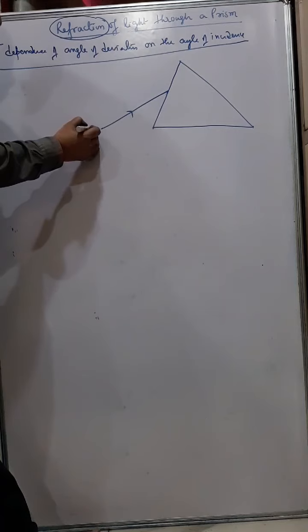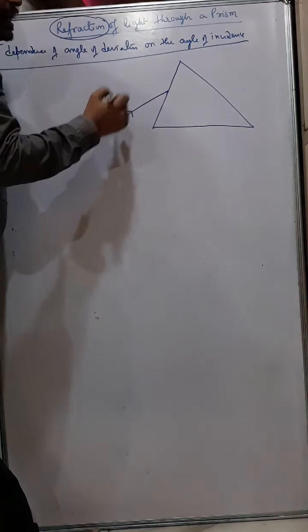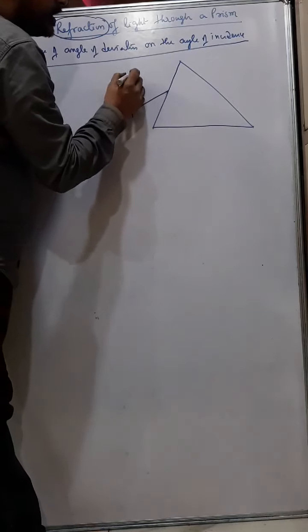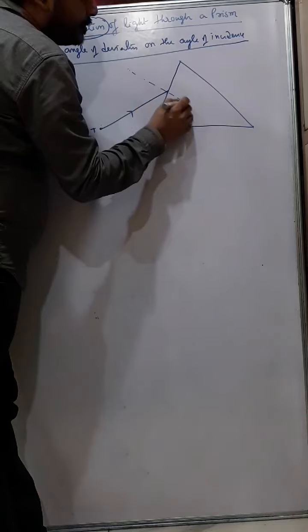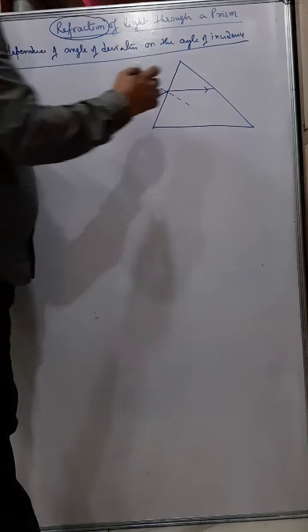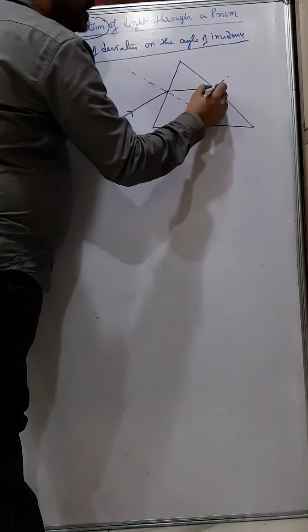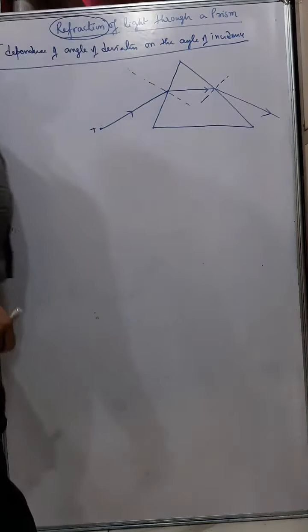So here is the torch at point T, and this is the light, and as usual, if you remember, it will bend like this towards the normal, and here also when it comes out it will go away from normal.